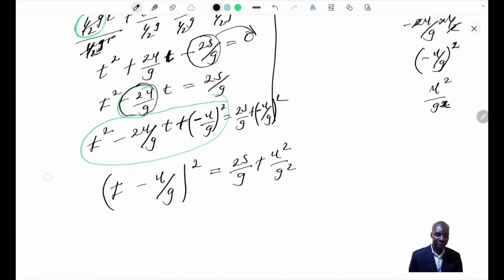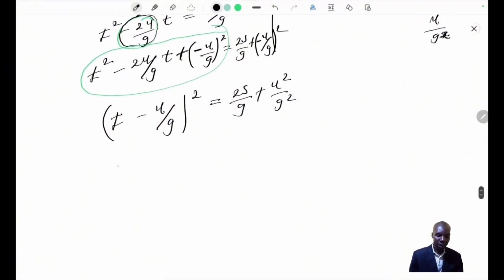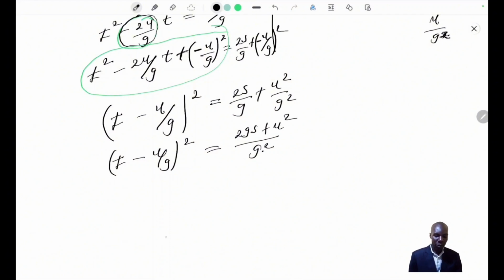So let's get this one. This will now give us t minus u over g, squared, equals, with the LCM being g squared: g goes here, g times 2s gives 2gs, plus g squared goes here, 1 times u squared gives u squared.